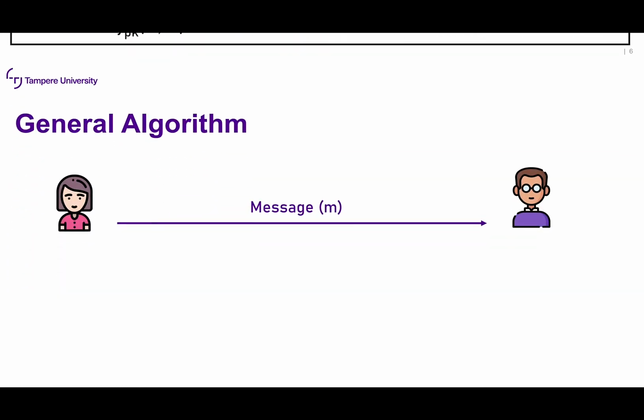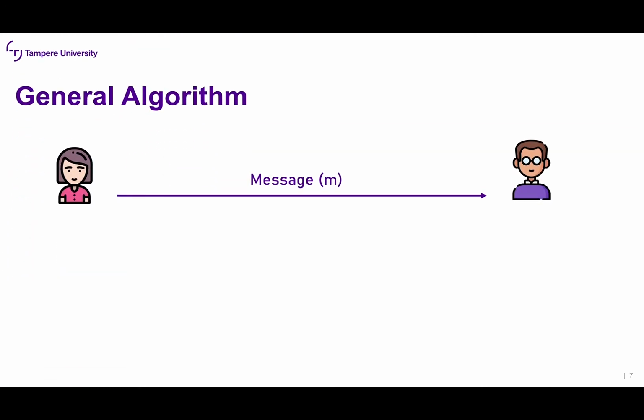Good. So let's move to see how the general algorithm basically works. So we have Alice and Bob. So Alice will generate a message M and will send it to Bob. Now Alice needs to send this in a signed format, let's say. So she will have to use the sign algorithm. So first she generates the message M, which is given as input to the sign algorithm, along with her private key SK of A. So in order to sign a message, we need to use a secret key.